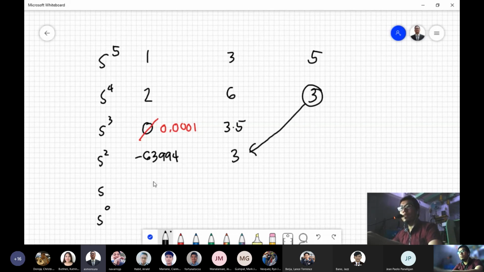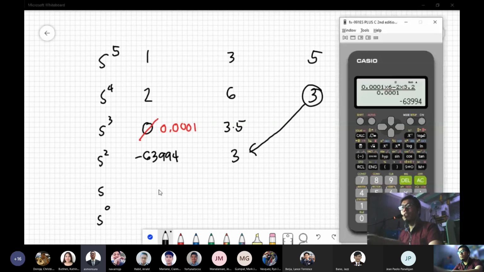Now in this case, this becomes negative 63,994 times 3.5, minus 3 times 0.0001 divided by negative 63,994.